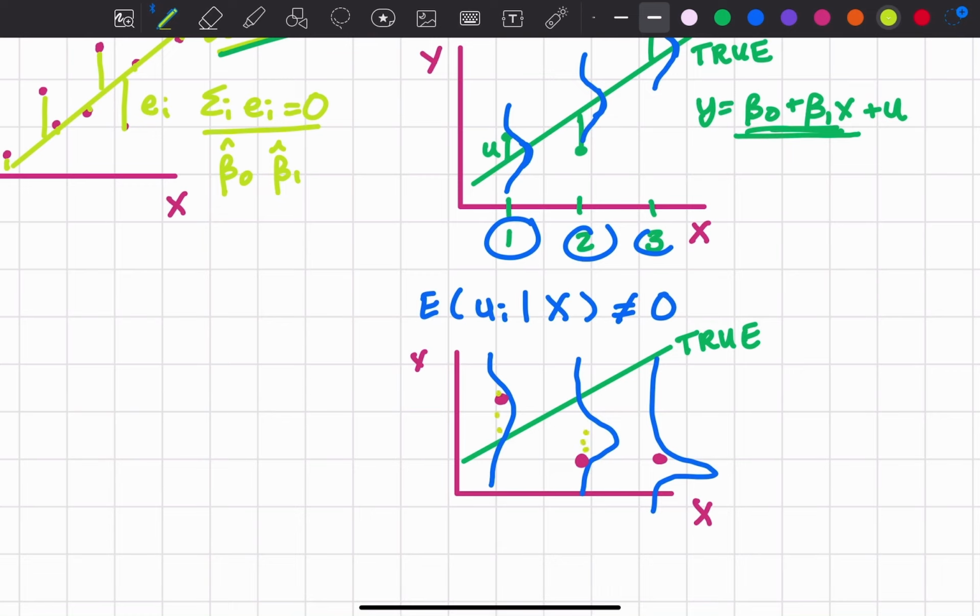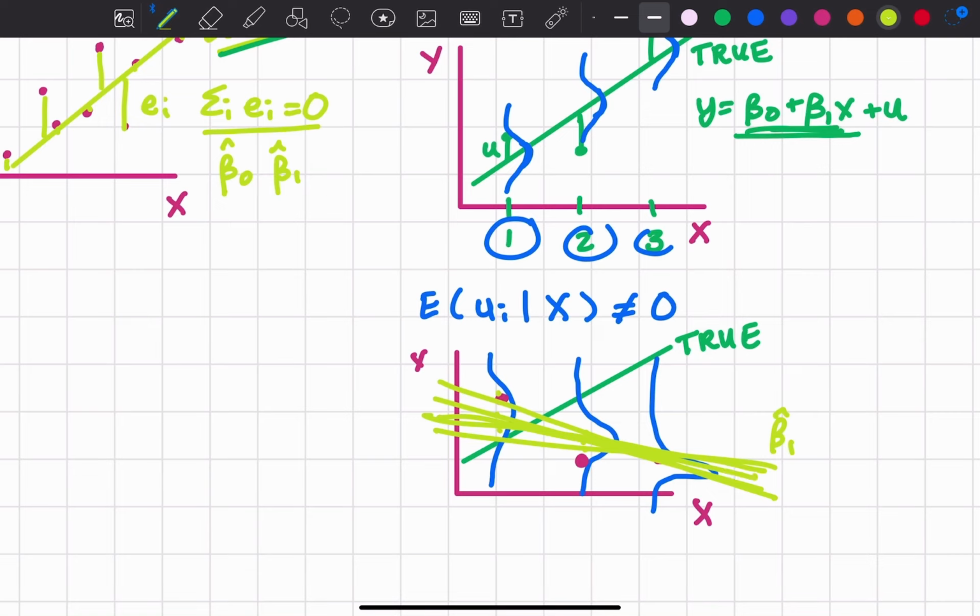So every time we observe these data points and we draw a line of best fit, we are going to likely draw lines of best fit that look something like this. And beta hat 1, that estimate for the slope of this line of best fit, is going to be way off.